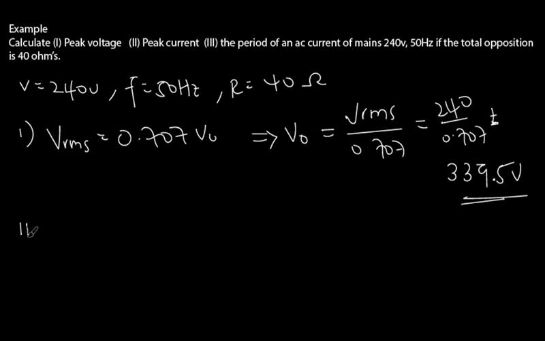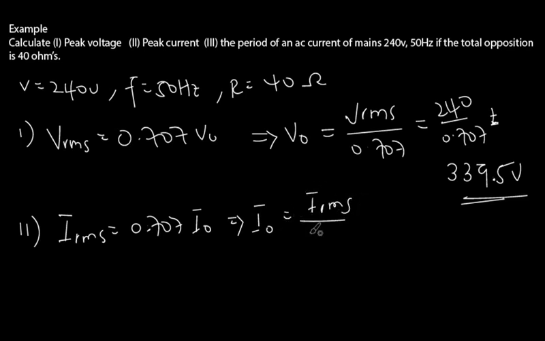Now the II aspect of the question is asking us to calculate the peak current. The same way, the root mean square current is equal to 0.707 I naught. So our I naught is equal to the root mean square current divided by 0.707.